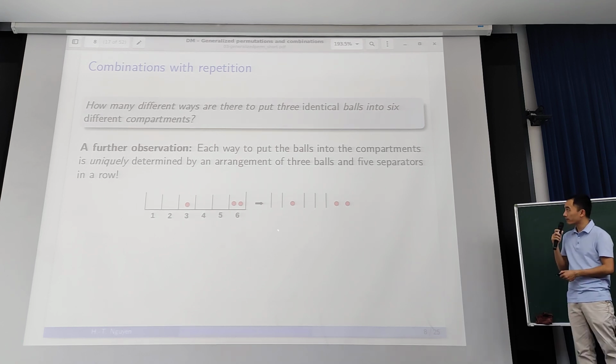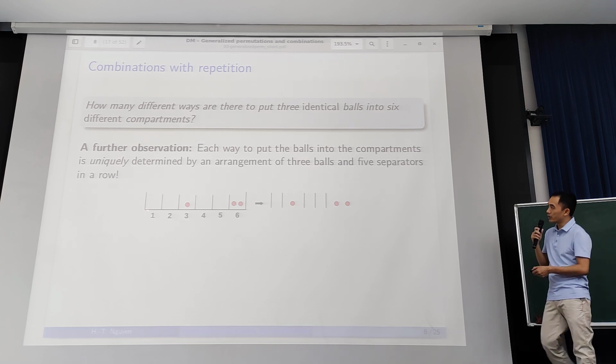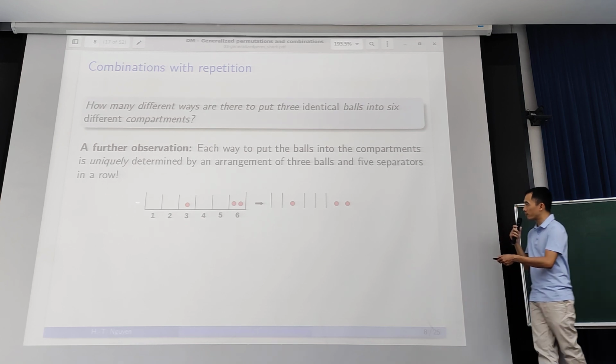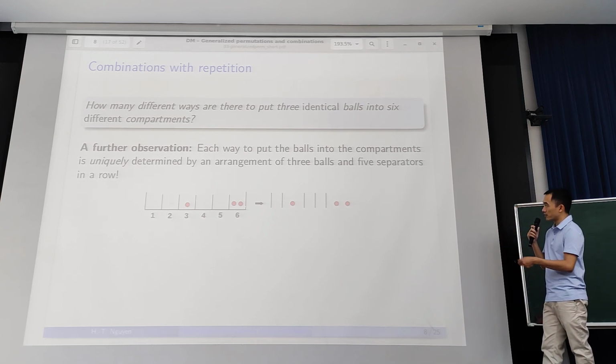You count. The two outermost separators are not important, because you cannot put the ball farther to the left or to the right, so you can remove the two outer separators as well.